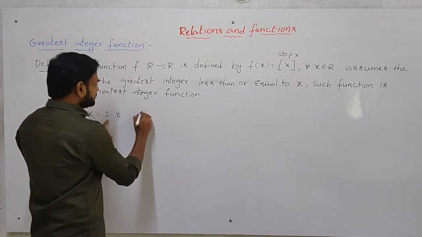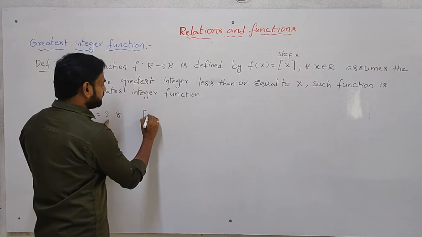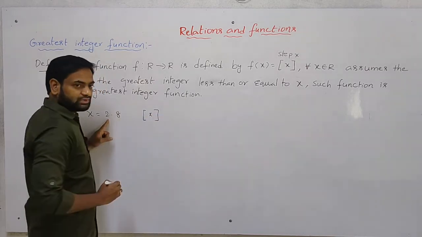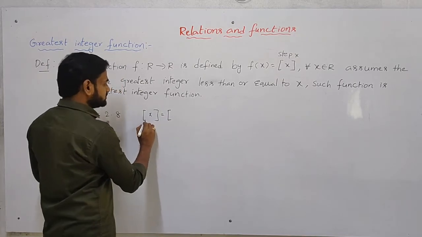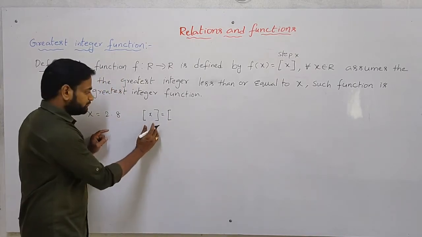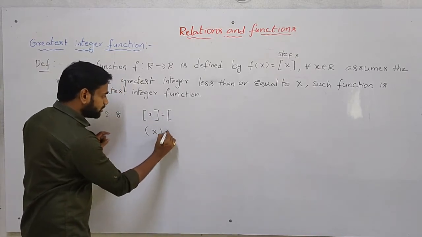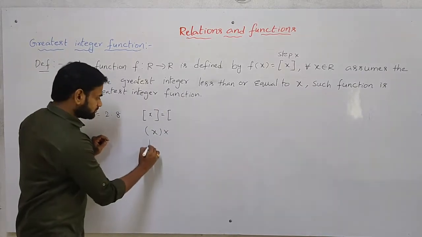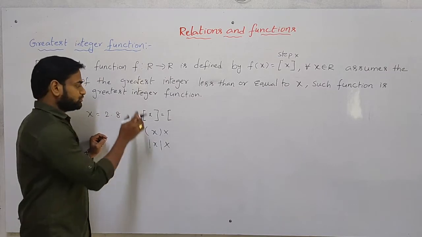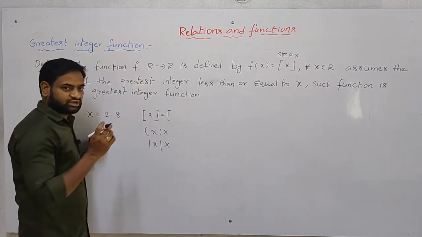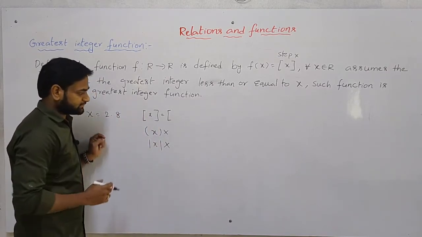Then what is the value of step of x? Step x is written within a square bracket. If you write in this form, it is wrong. If you write in this form also, it is wrong. If you write within the square bracket only, then it is correct.